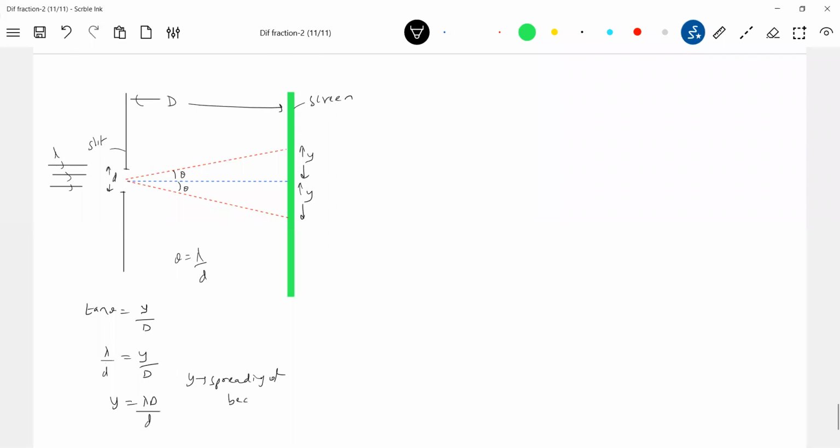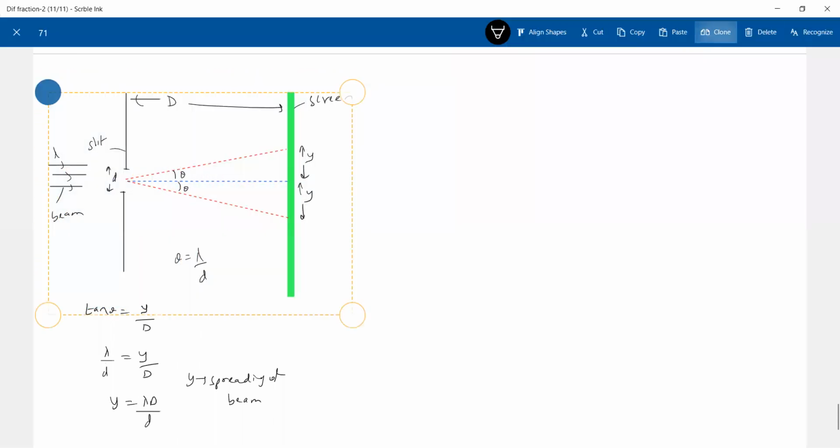Don't say light here, say beam. The beam gets spread after passing through the slit. If the spreading of the beam is equal to the width of the slit, that particular distance is called the Fresnel distance. So I'll now define the Fresnel distance.